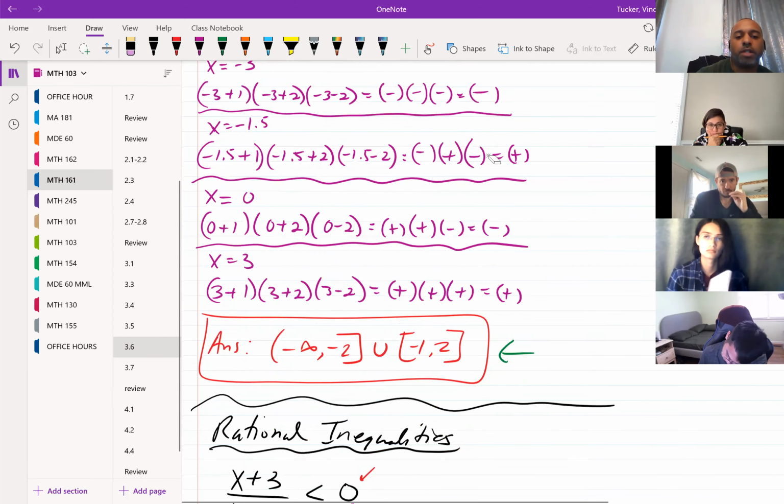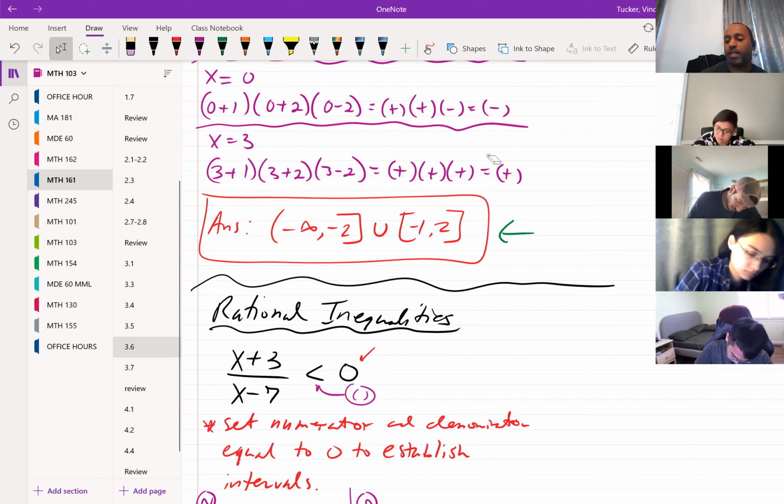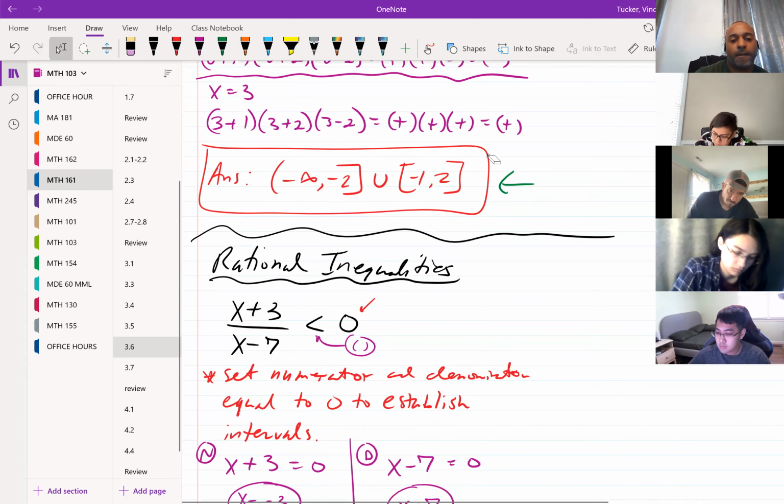All right, so let's look at the next one. Rational inequalities, we're going to keep with the same steps, same flow, except this time we have a numerator and denominator. So instead of finding those factors that we just found, we're going to set the numerator equal to 0 and the denominator equal to 0.